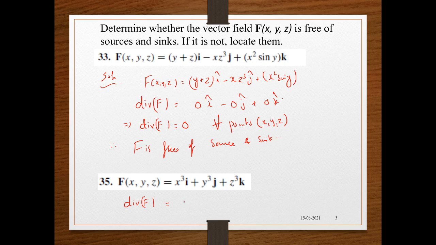Divergence is 3x square plus 3y square plus 3z square, because divergence is a scalar quantity, so there is no vector quantity. So this is equal to 3 times (x square plus y square plus z square).